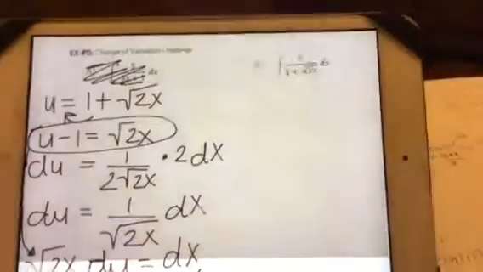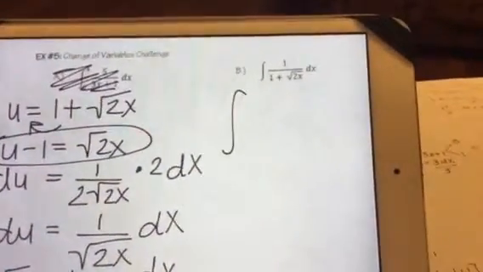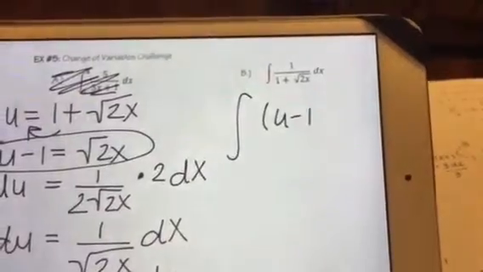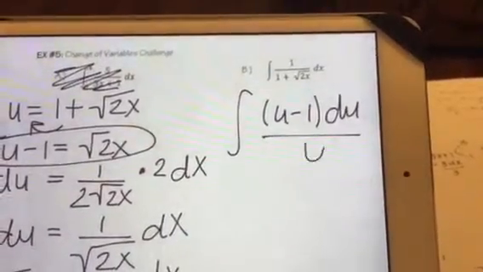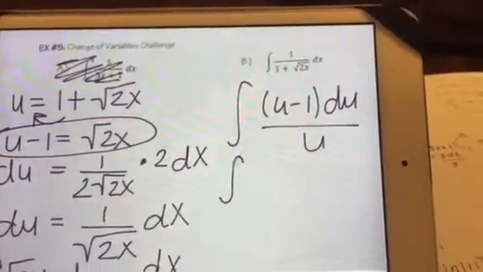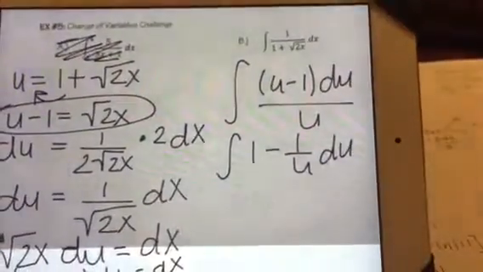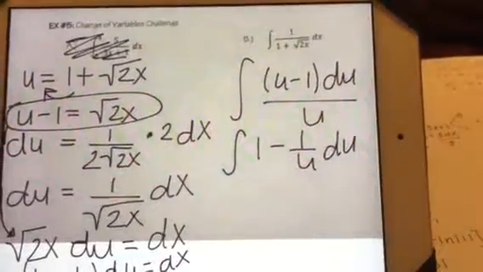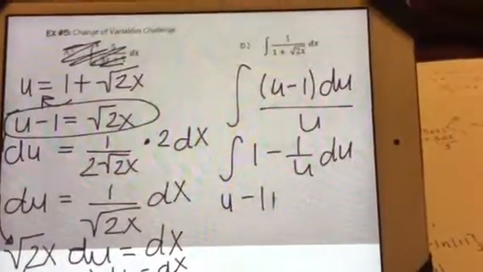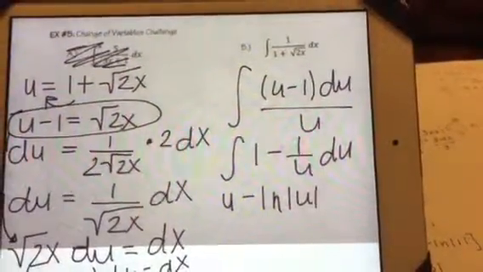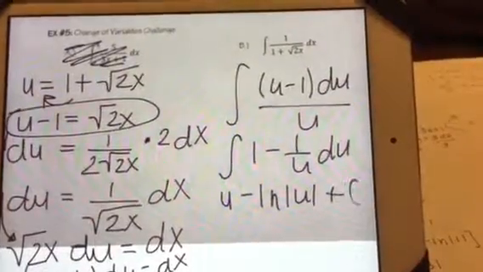So now we're going to rewrite our integral to be u minus 1 du over u, simplify it, which will give us 1 minus 1 over u du, and integrate it, so it'll give us u minus ln of u plus our constant.